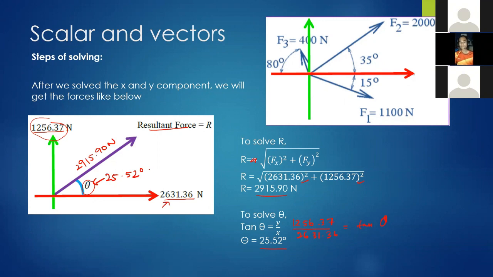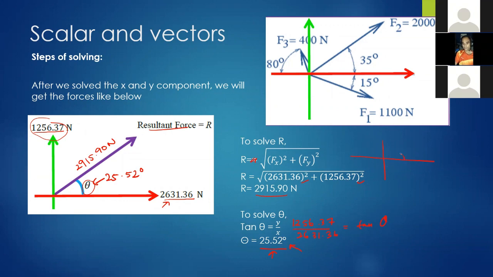Now, where will the arrow of the resultant force be pointing? You can see that the angle here is positive, and we also take into account that the angle is measured from the horizontal. This is the horizontal, so the number over here is positive.